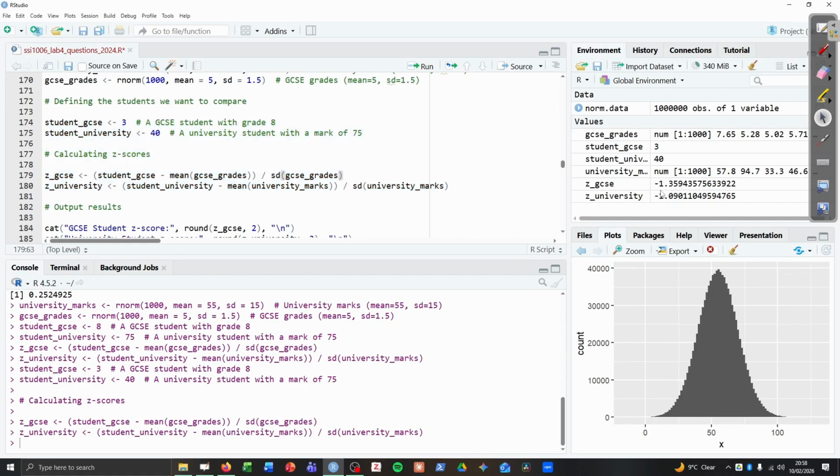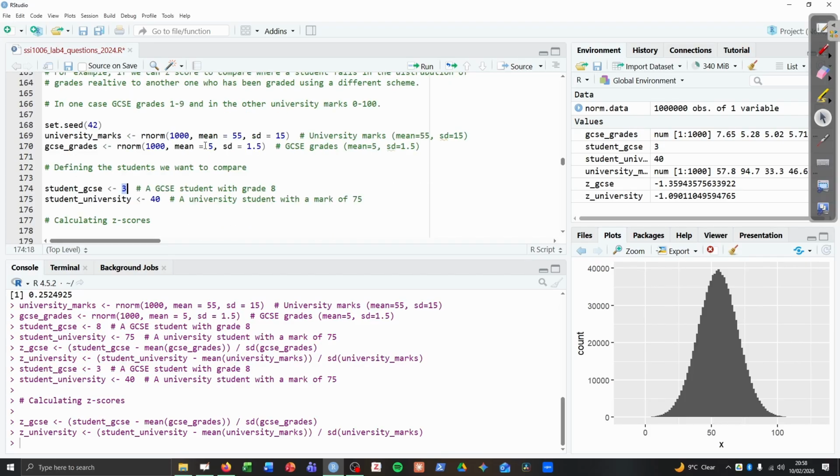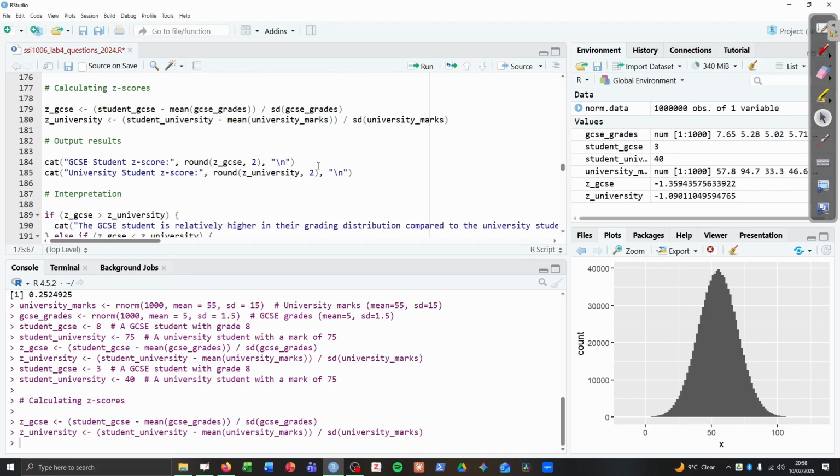And it can do that in a single number. So a higher z-score, whether it's positive or minus, always puts you higher up the distribution as an observation. But we can start from numbers which relate to concrete distributions. So about 0 to 100 for university marks, 1 to 9 for GCSEs. But we can still rank these students against each other.